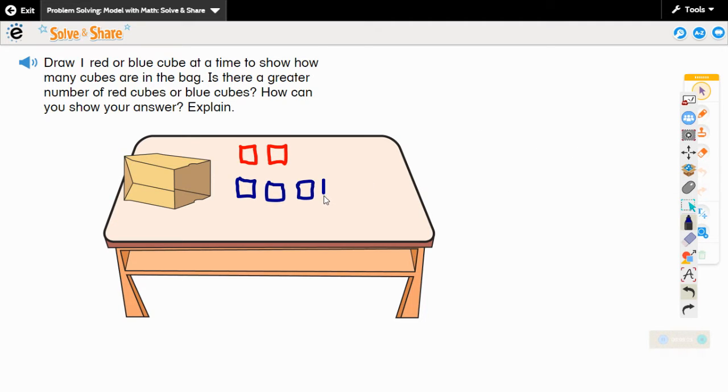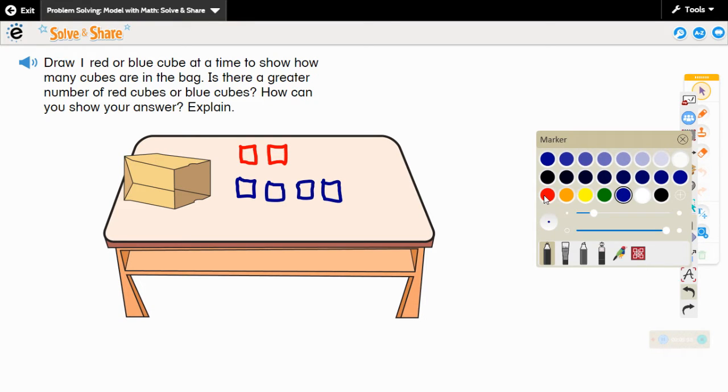Let's draw another blue square. Now which color has the greater number? Do we have a greater number of blue or a greater number of red? Well, all we did was we added another blue square, so we still have more blue squares than red.